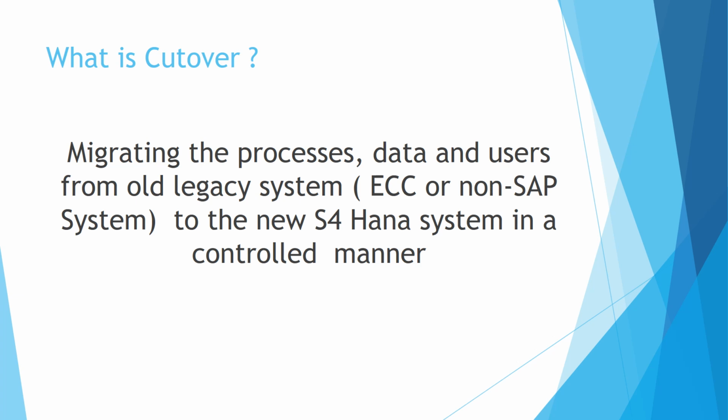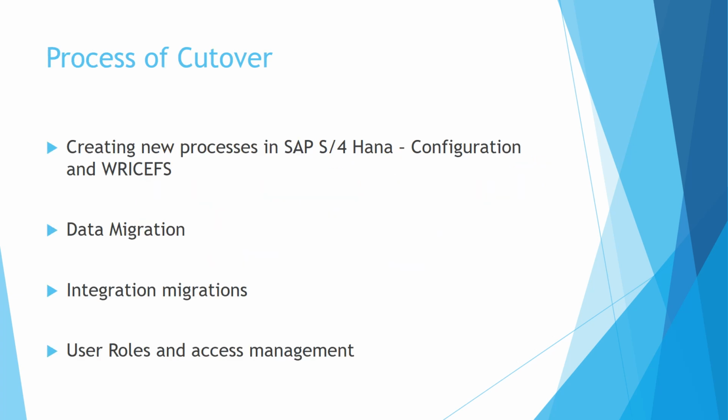Okay. So what is the process of cutover? How do we move from the old legacy system to S4 HANA, which is our new target system? There are a couple of activities, as we discussed slightly in the previous slide. Now let's discuss these points separately.